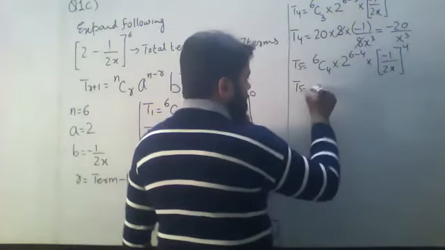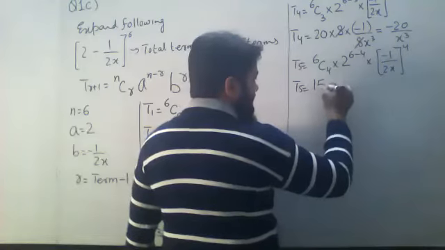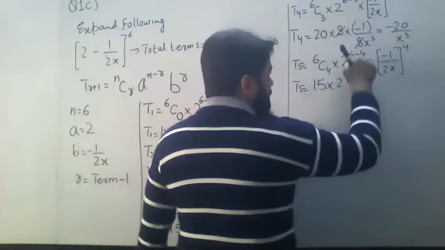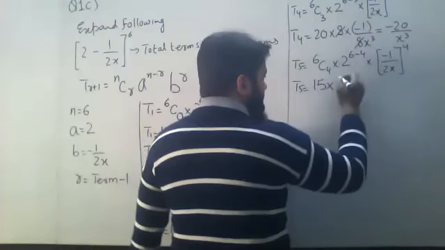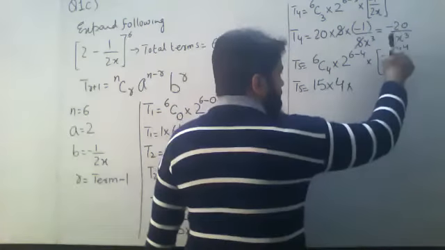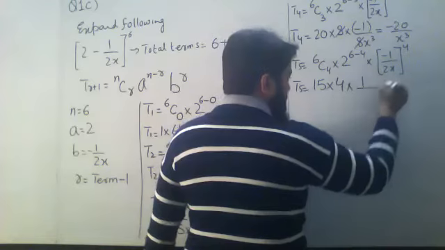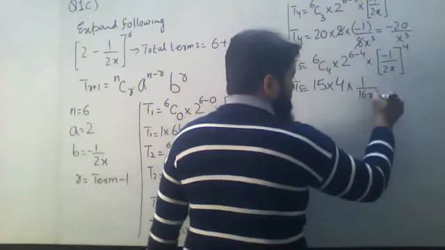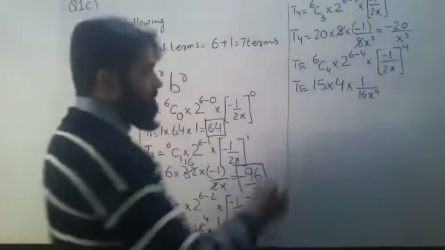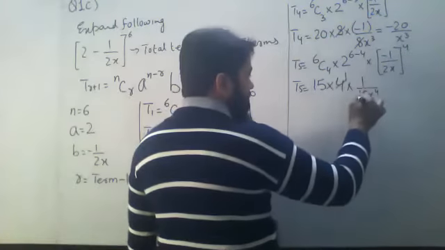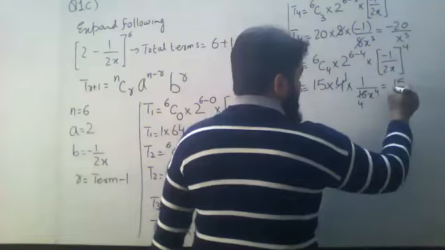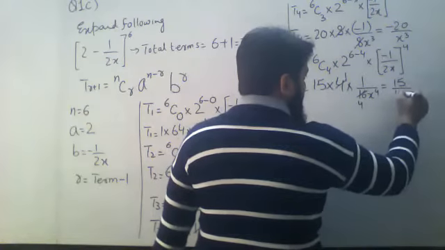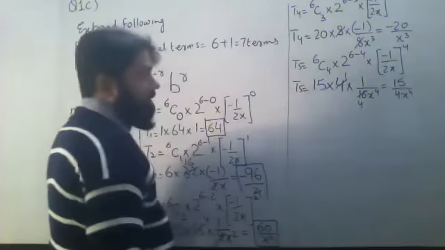T5 equals 6C4, answer is 15 into 2 to the power 6 minus 4 which is 2 square, the answer will be 4 into 1 over 16x4. So simplifying it, 4 ones are 4, 4 fours are 16. My final answer for this one is 15 over 4x4. Okay?